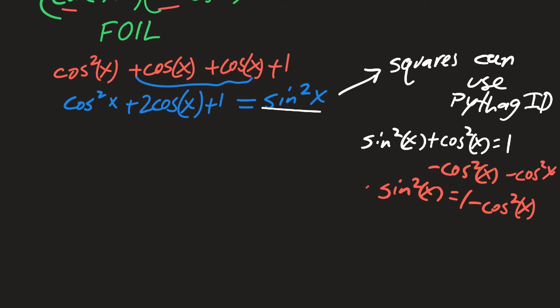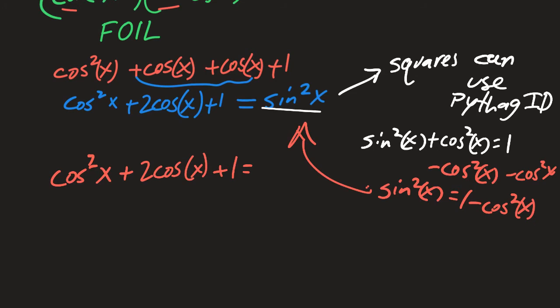And I'm just going to take that and plug it in for that sine squared. So we've got cosine squared of x plus 2 cosine x plus 1 equals 1 minus cosine squared of x.